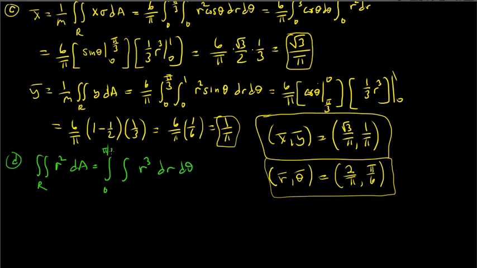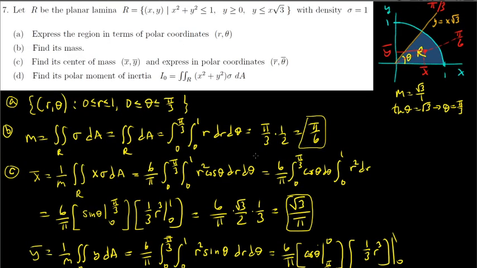So 0 to pi over 3, 0 to 1. So I think we just get the pi over 3 times 1/4, which is pi over 12. Okay, so that is the polar moment of inertia. All right, that's number 7.